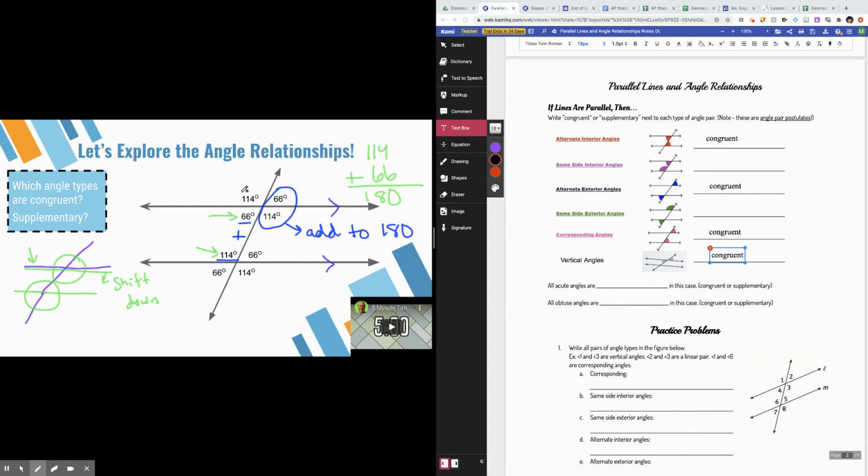Same thing for the exterior ones: I have one obtuse angle and one acute angle. These are connected, so when we add them, they're equal to 180. So the rule for same side angles: same side interior angles are supplementary, meaning that they add to 180.